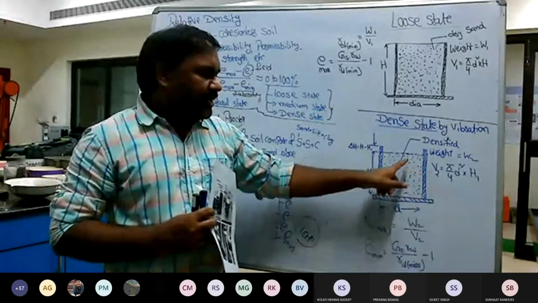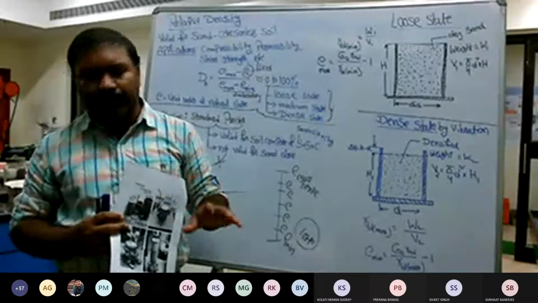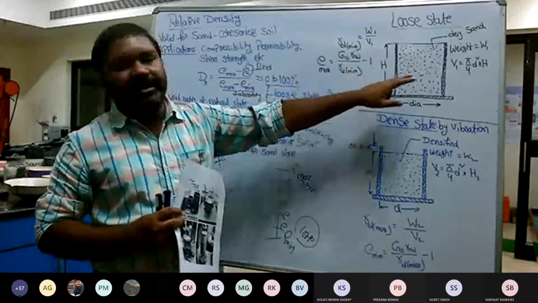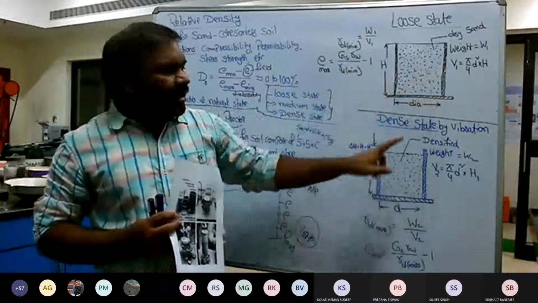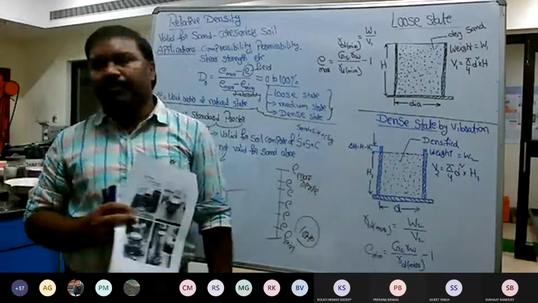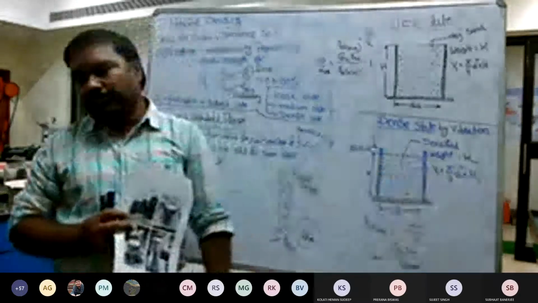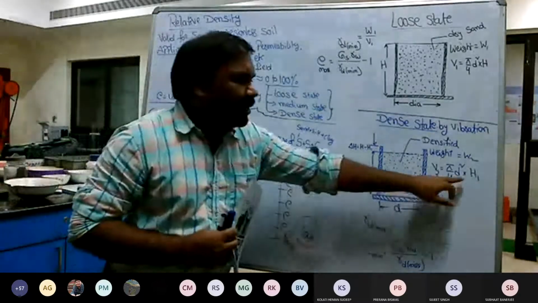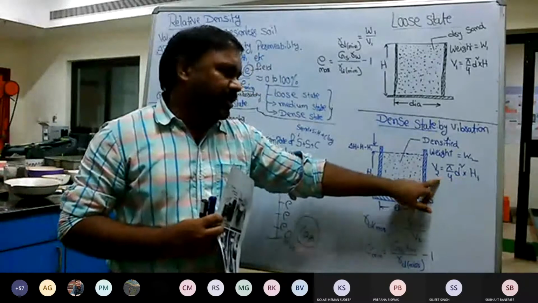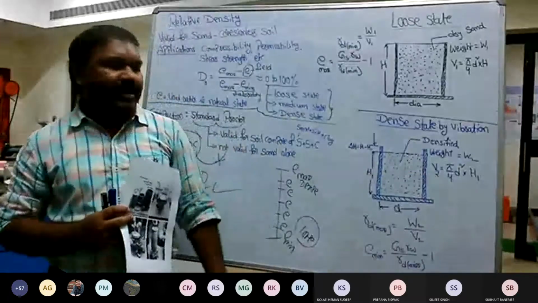So there is a reduction in the volume, no reduction in the weight. In the first step, measurement of weight is accurate. In the second step, your measurement of the height should be accurate in order to get accurate values of the volume. So here V2, that is volume 2, after subjecting to vibration, is calculated as pi by 4 into d square into the modified height, that is h1.